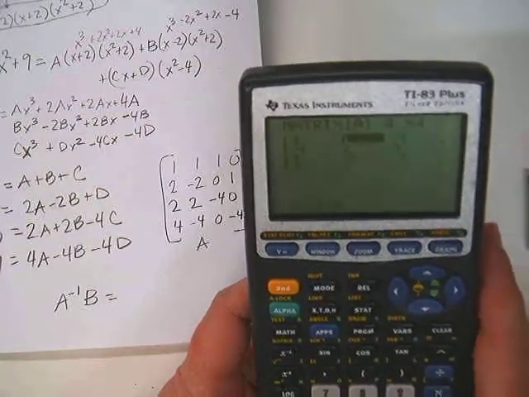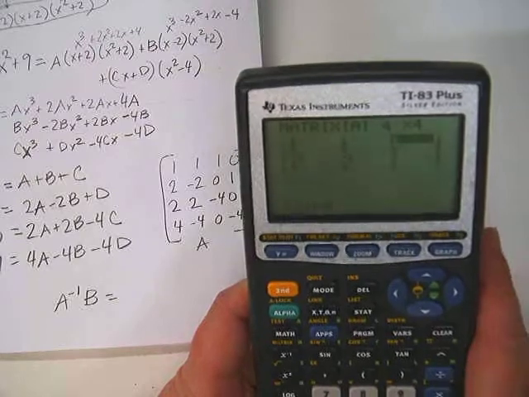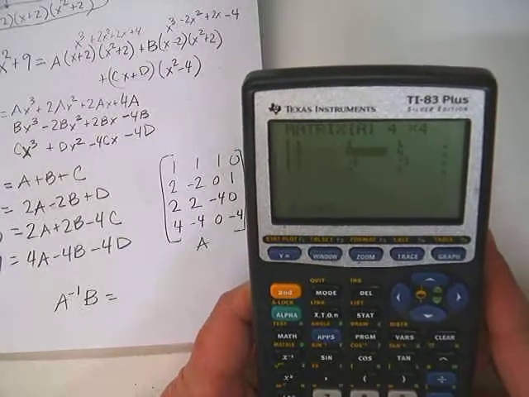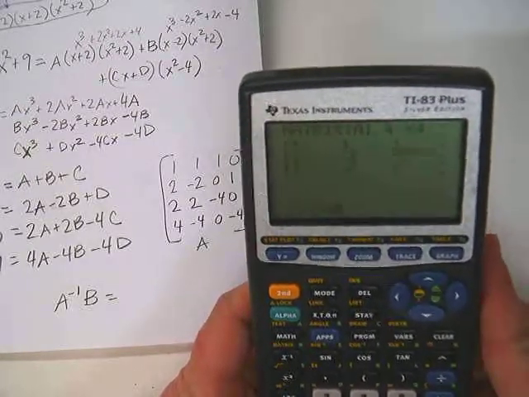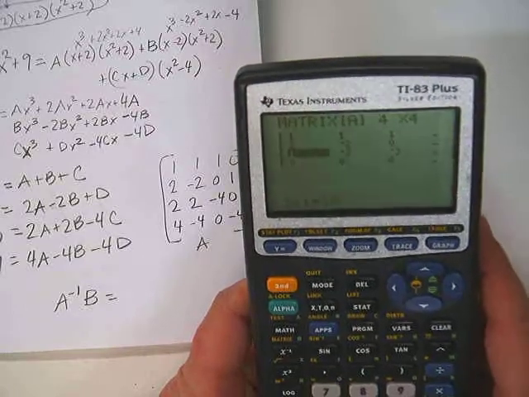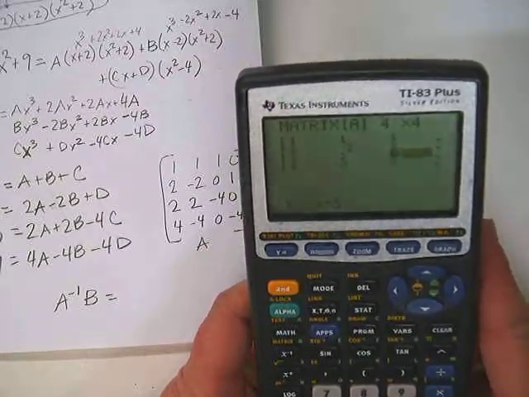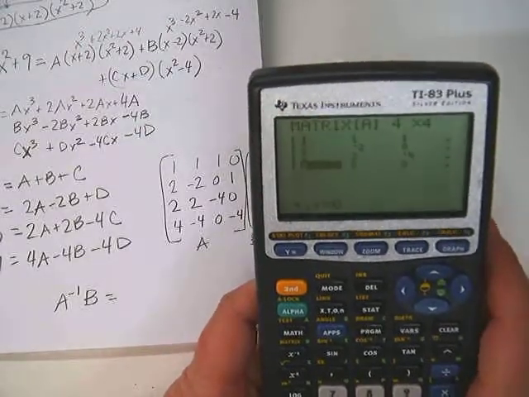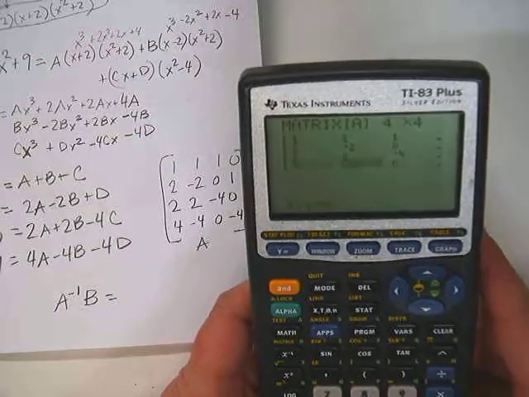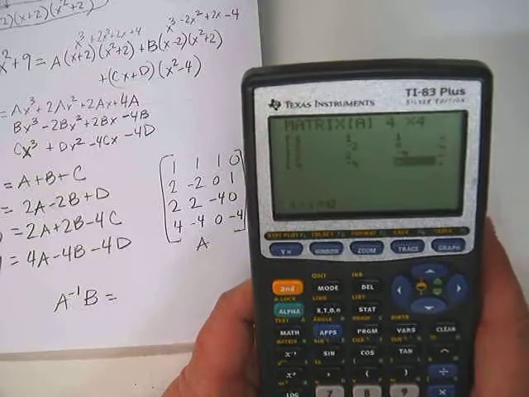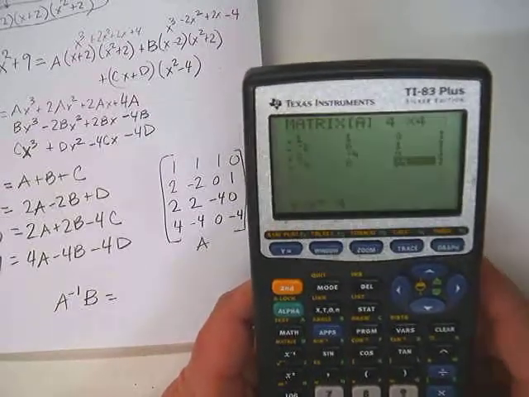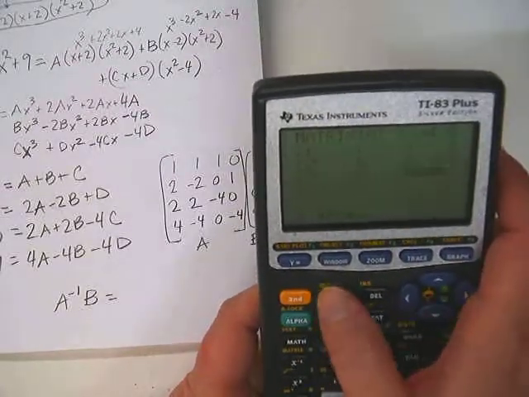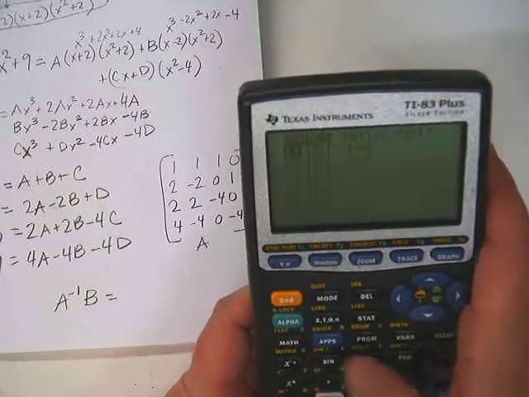I type in my numbers. 1, enter, 1, enter, 1, enter, 0, enter, 2, enter, -2, enter, 0, enter, 1, enter, 2, enter, 2, enter, -4, enter, 0, enter, 4, enter, -4, enter, 0, enter, -4, enter.